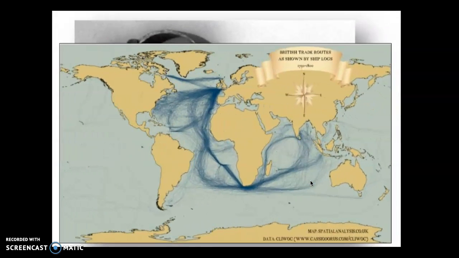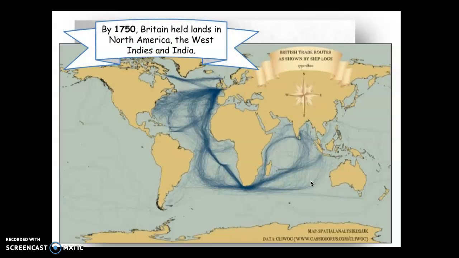So a map of the British Empire. By 1750, Britain held lands in North America, the West Indies, and India. So North America, of course, right here, the West Indies, and India is way over here.